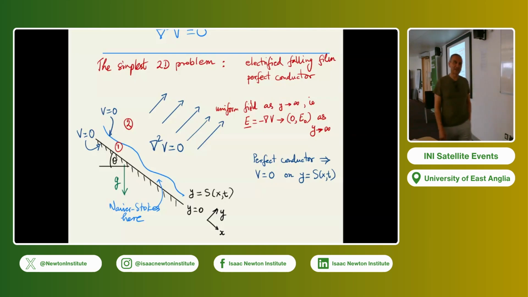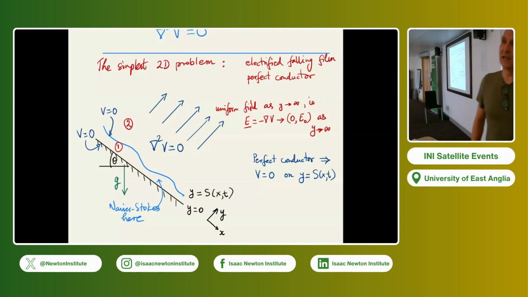So V is going to be 0 at the interface as well. We'll use the Cauchy integral formula in a bit, because you'll see what we need. We need the Dirichlet-Neumann map to solve this. So that's the setup of the problem.